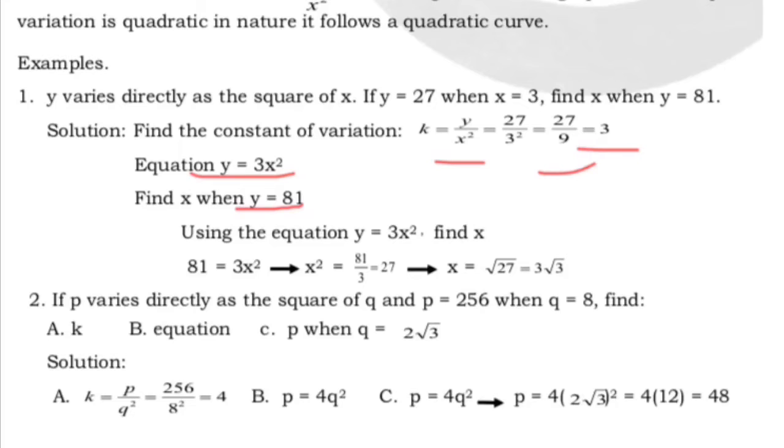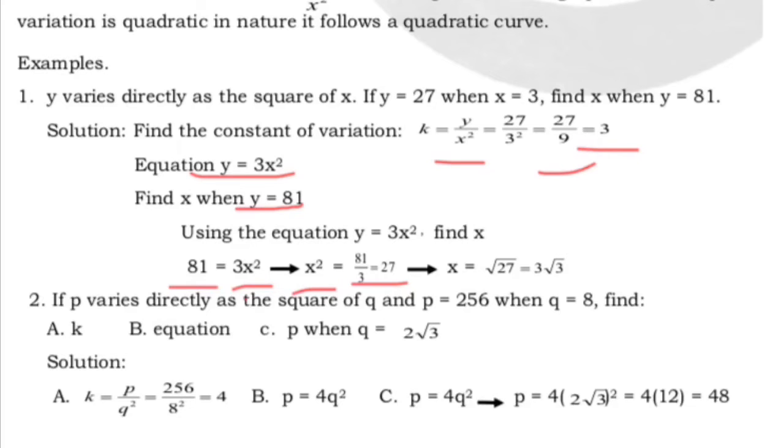So on the left side we have 81 equals 3x squared. Then divide both sides by 3. So 81 divided by 3 is equal to 27, and 3x squared divided by 3 will be x squared. So you're going to have x squared equals 27.